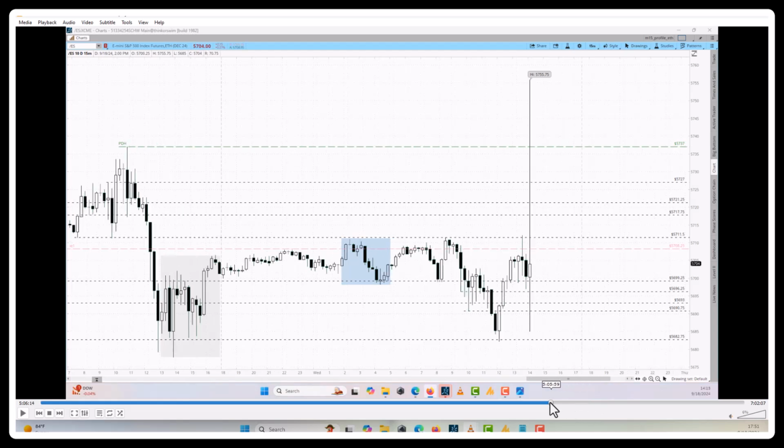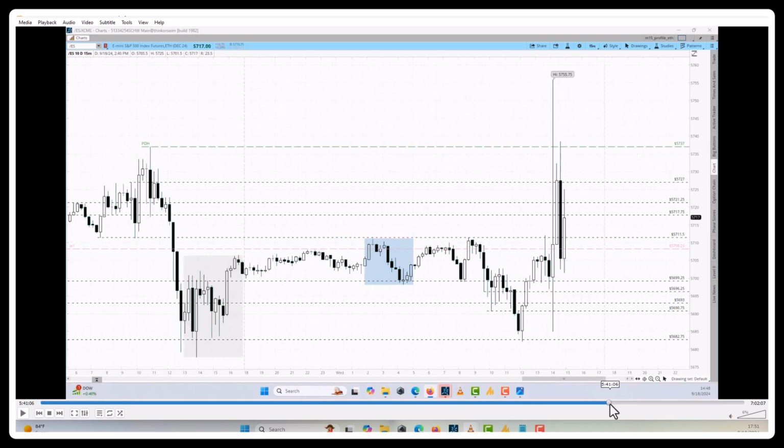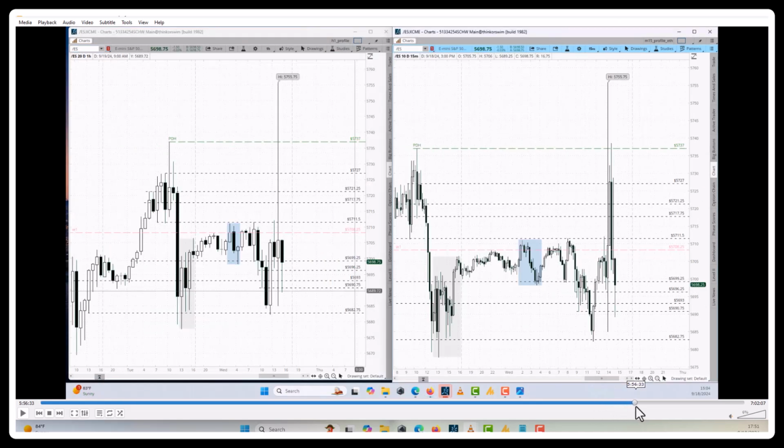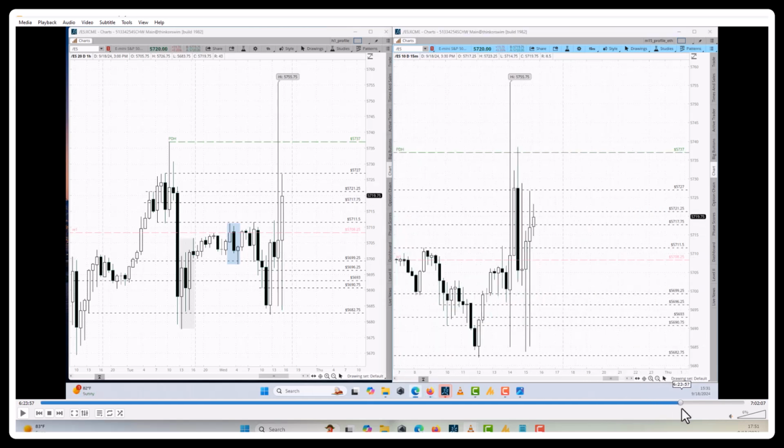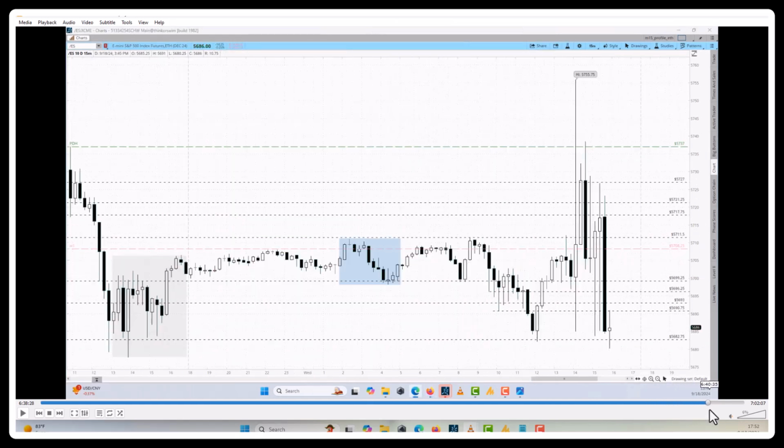You see the first move is a huge move, and then on the third candle it starts retracement, and then it turned into a reversal. It takes out the buy side, then the sell side, all the way, and continues.